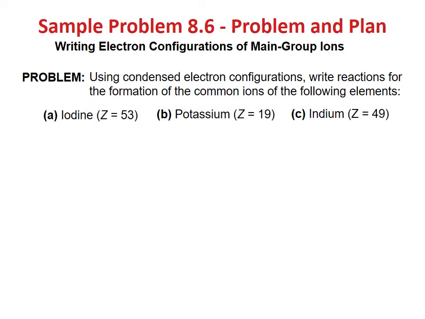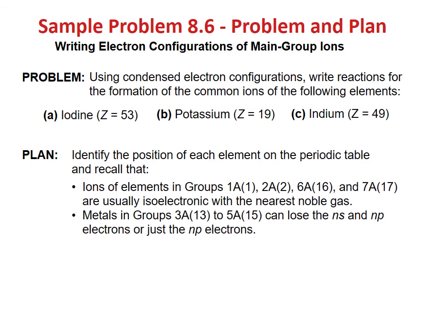Sample problem 8.6. Using condensed electron configurations, write reactions for the formation of the common ions of the following elements. So first we need to identify the position of each element on the periodic table, and recall that ions of groups 1 to 16, 17, on the left side and the right side, are usually isoelectronic with the nearest noble gas.